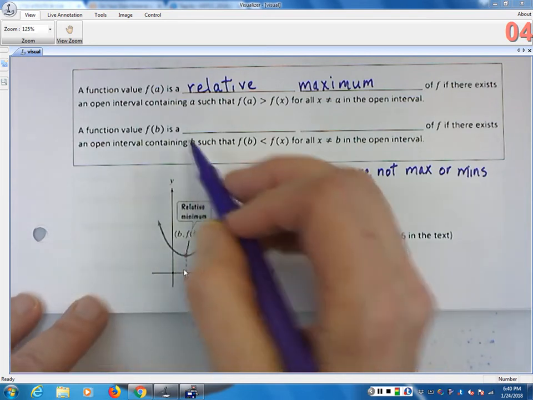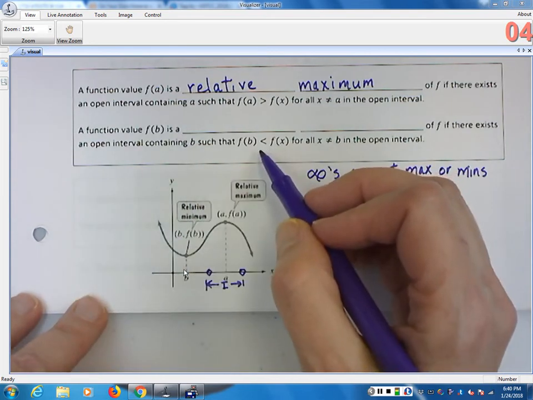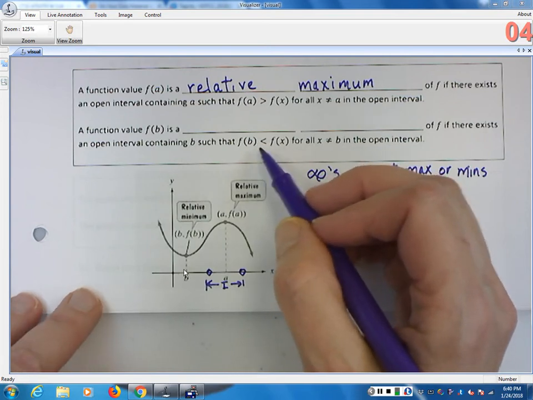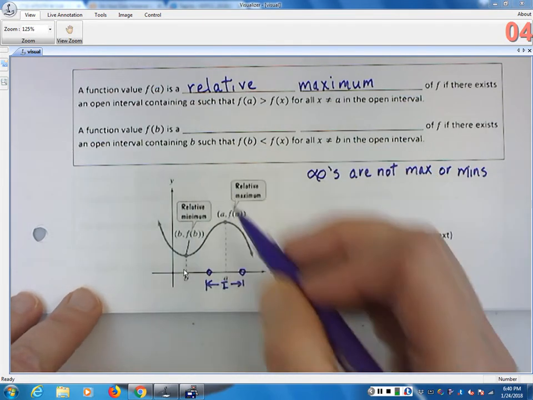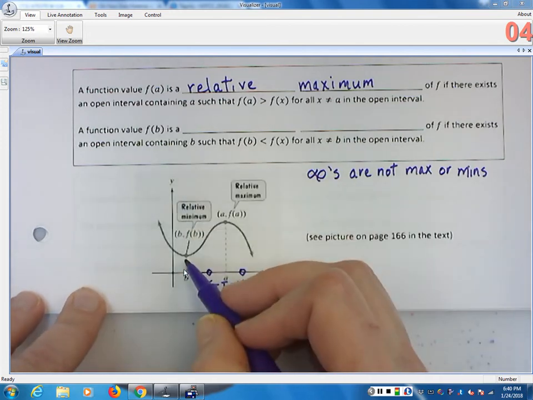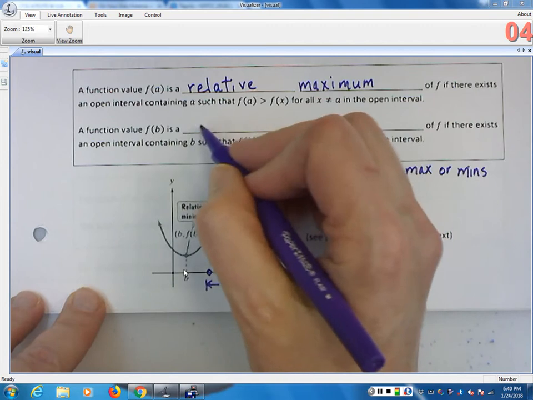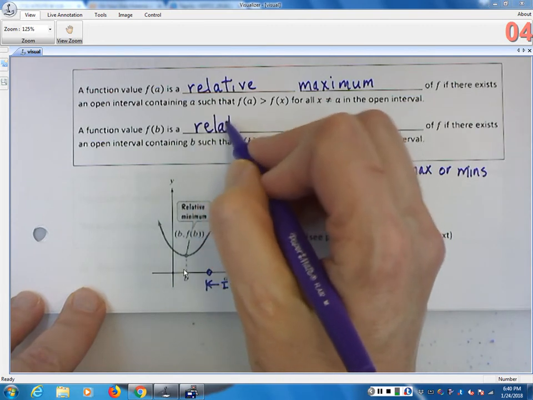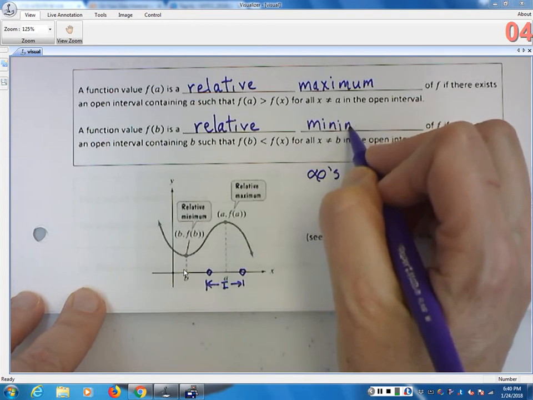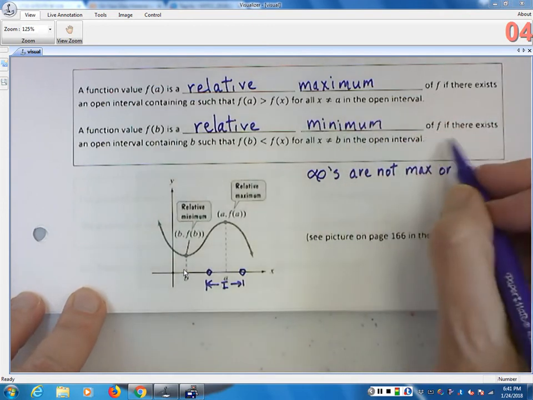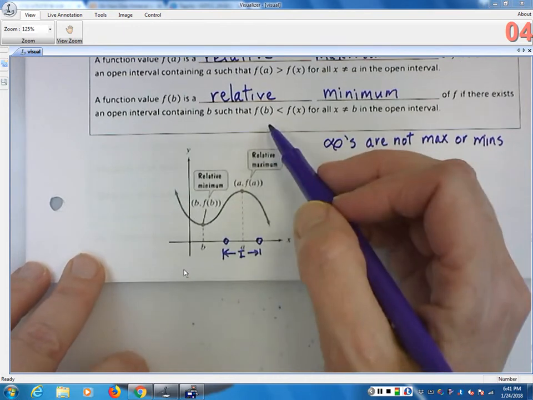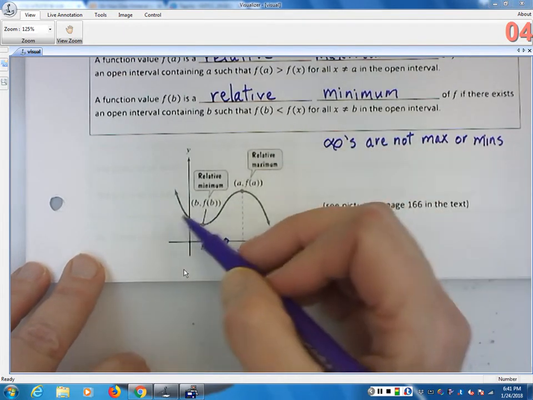Okay, and I fixed this typo. If you watch the integrity, I had to change this to a less than sign, but I fixed it. I changed these notes. So a function value f of b, here's a picture, is a relative minimum of f if there exists an open interval containing b such that f of b is less than all the f of x's around it.